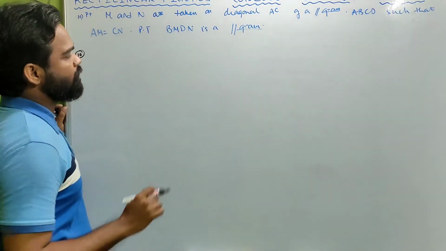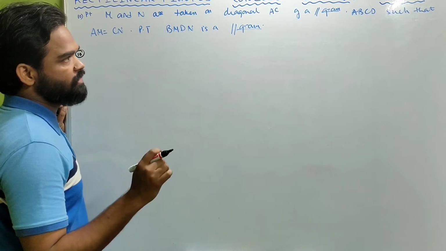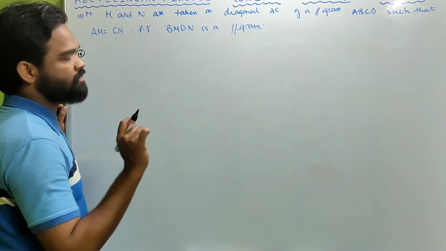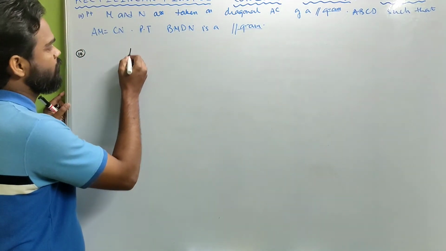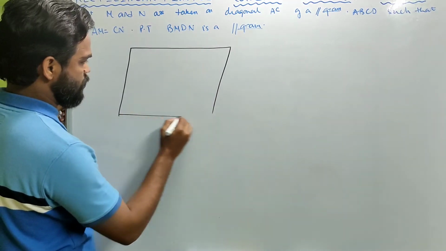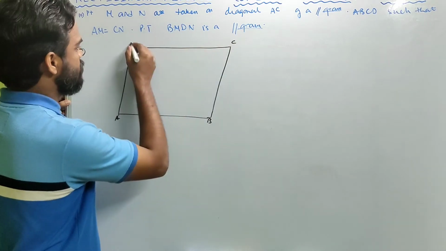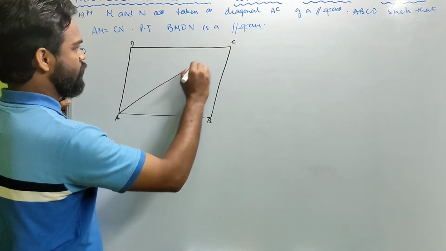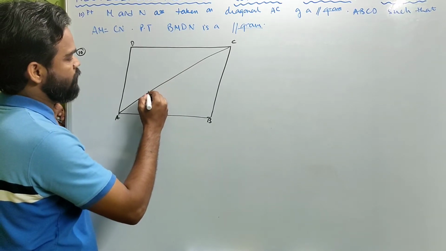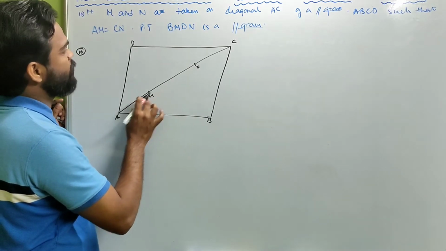Points M and N are taken on diagonal AC of a parallelogram ABCD such that AM equals CN. Prove that BMDN is a parallelogram. First draw the diagram. Just look carefully. A, B, C, D. They have told us on the diagonal AC, I'll take 2 points M and N such that AM equals CN.